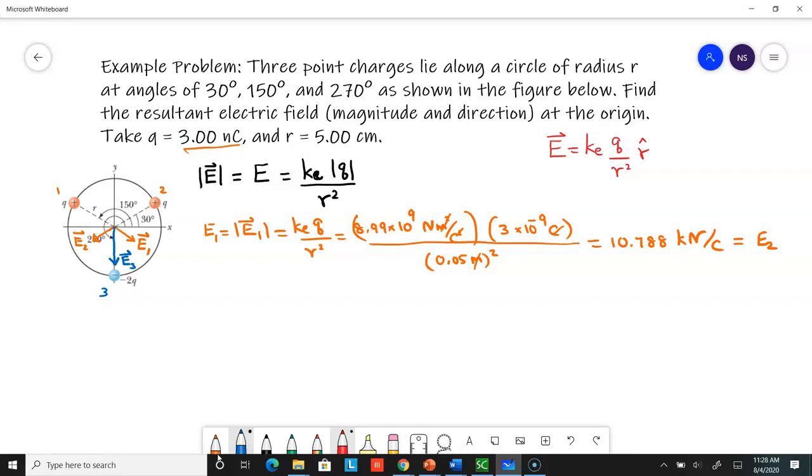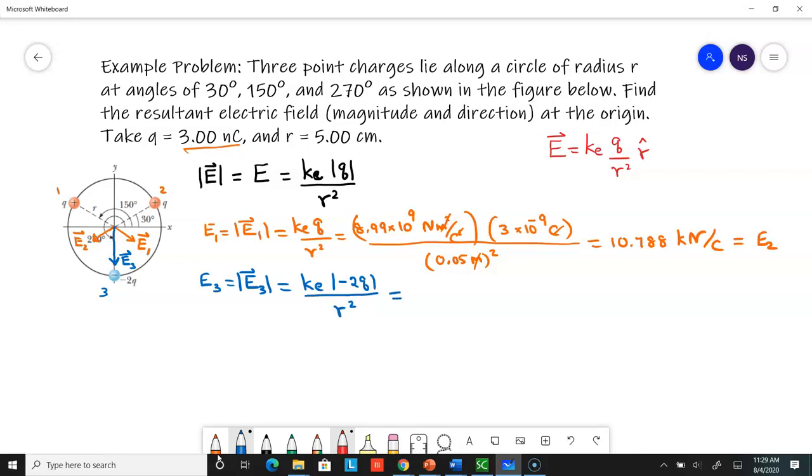And then I have to get E3, which is the magnitude of vector E3, that's k_e times the absolute value of the charge, which is negative 2Q, divided by R squared.